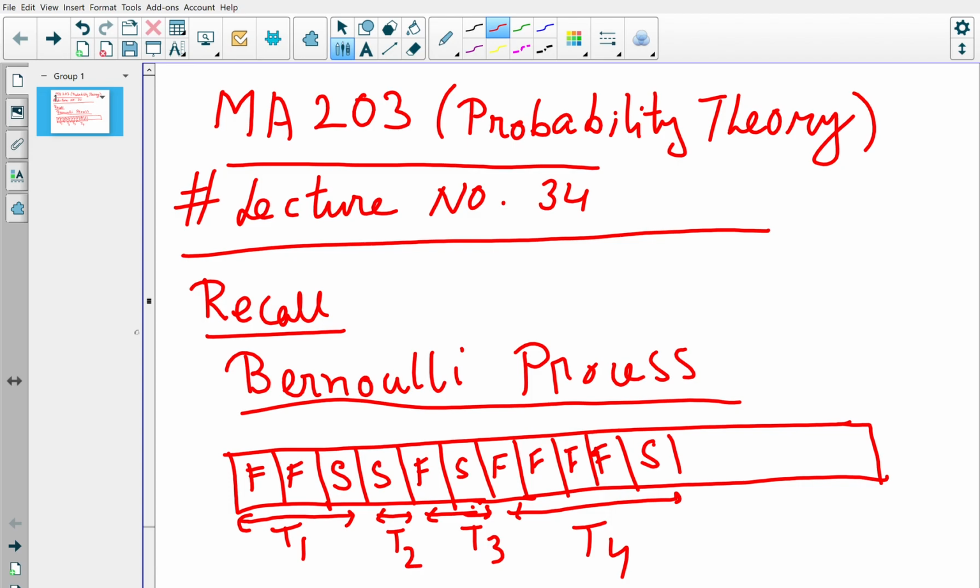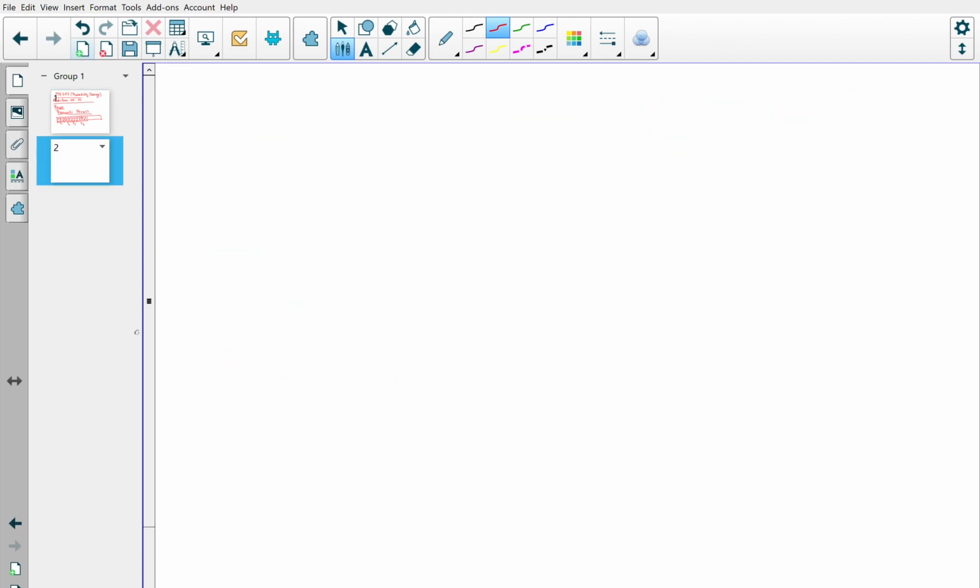And you can attach one more. So this we call inter-arrival times.